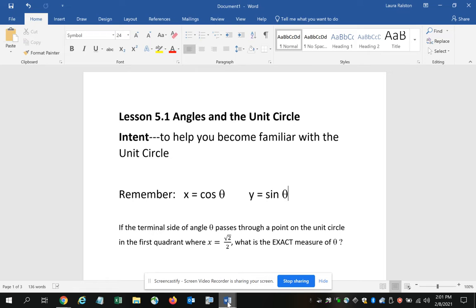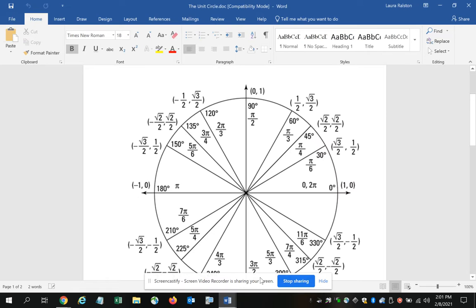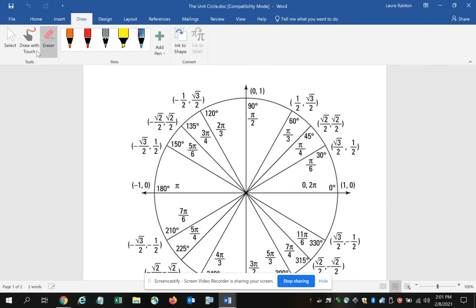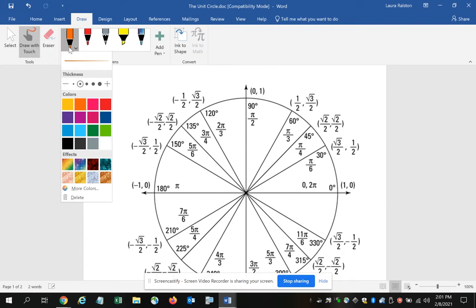So I've attached to the announcements for week 5 a unit circle. I would strongly suggest that you print one of these and keep it handy as you're working through the problems.